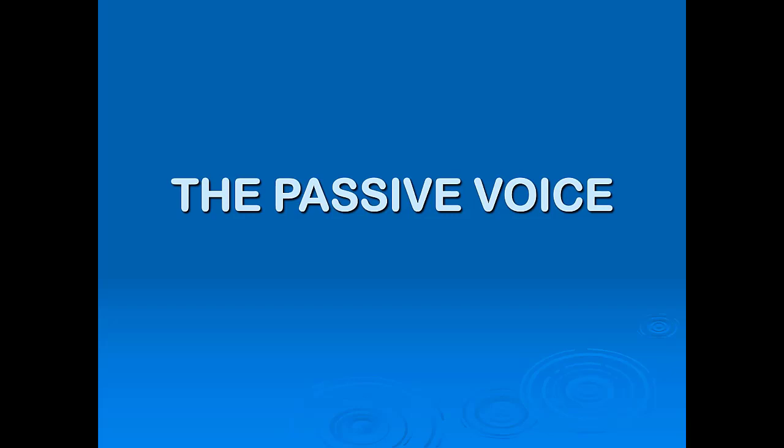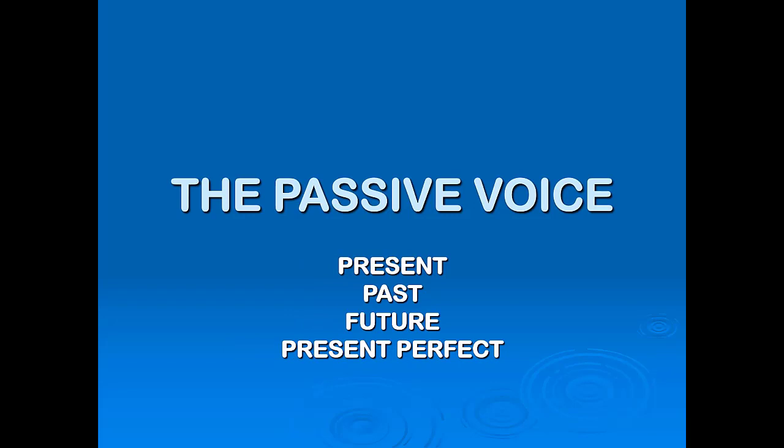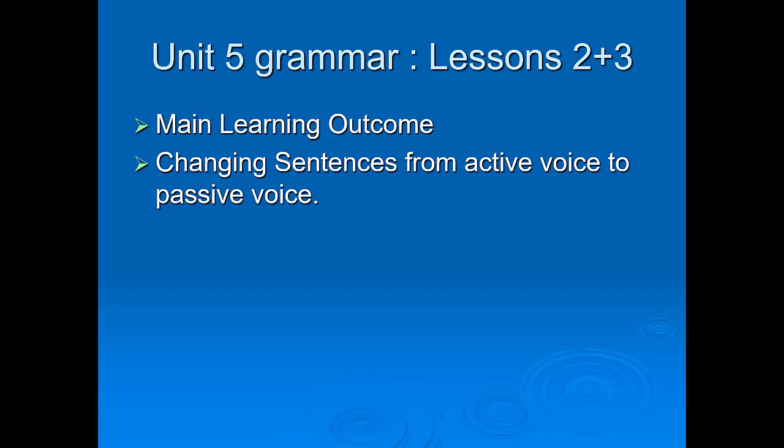Actually, it's about all the passive voice. I'm going to show you how we can change a sentence from the active voice to the passive voice in present, past, future, and present perfect, as well as the modals. Our outcome, our targeted structure from this unit, is changing sentences from active voice to passive.